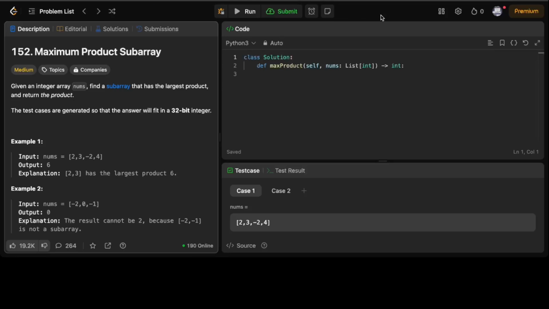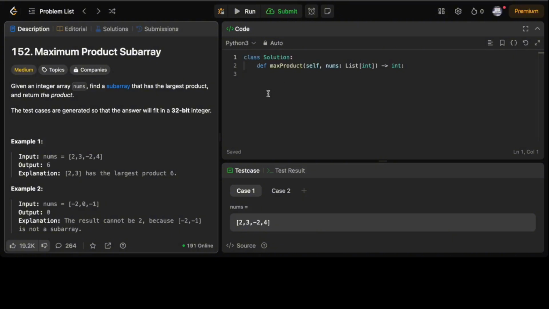One thing that stands out is that you kind of have to just look at the definition of a subarray, which I kind of know. It means that all of the numbers that you're going to be multiplying have to be next to each other.